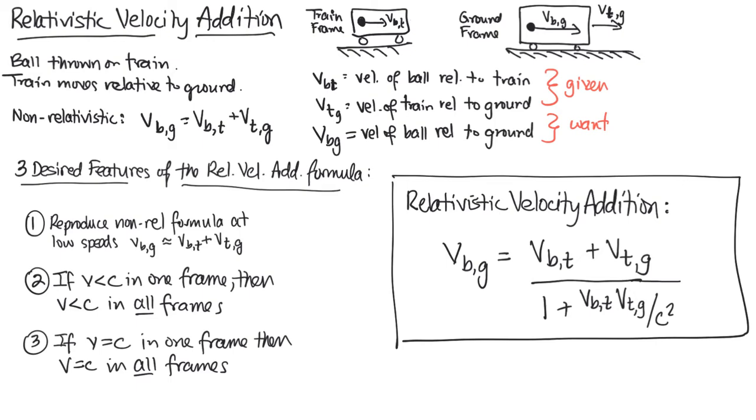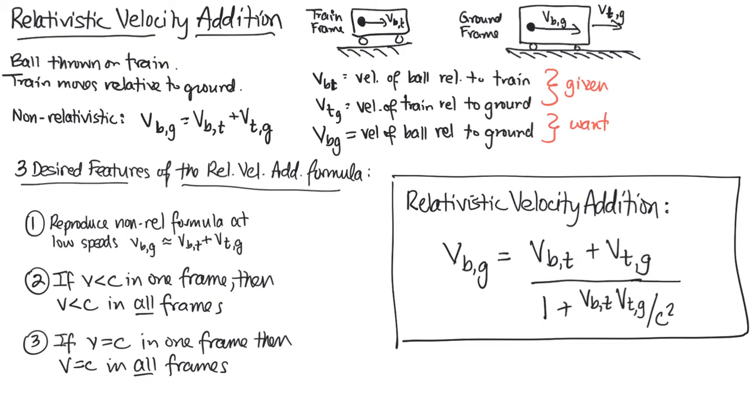And you can kind of see that that's going to happen, because if all speeds in the problem are small compared to the speed of light, then we have these two velocities multiplied together divided by the speed of light, but each velocity is much smaller than c, so that ratio is going to be much, much smaller than 1. And when we add that to 1, this denominator is essentially 1, and we recover the non-relativistic velocity addition formula. So we can pretty clearly see that desired feature number 1 is going to happen.